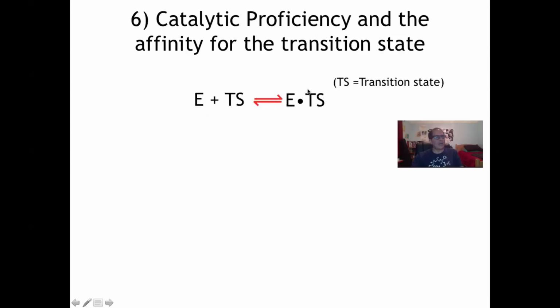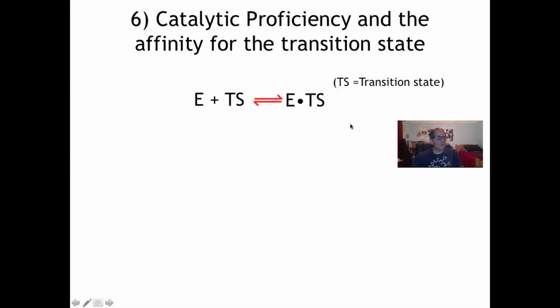And that's really interesting because that's something that you could never measure directly. You can't measure the binding constant of a transition state for its enzyme directly because the transition state is by definition unstable. It's in transition. So you can't isolate the transition state and measure its affinity for the enzyme directly.